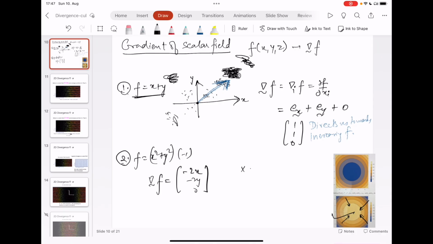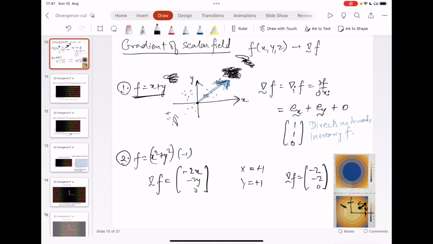You calculate it at x equals +1, y equals +1, and the grad f will be -2, -2, 0. So at this location, the x direction is like this, the y direction is like this, and the resultant vector is inward.